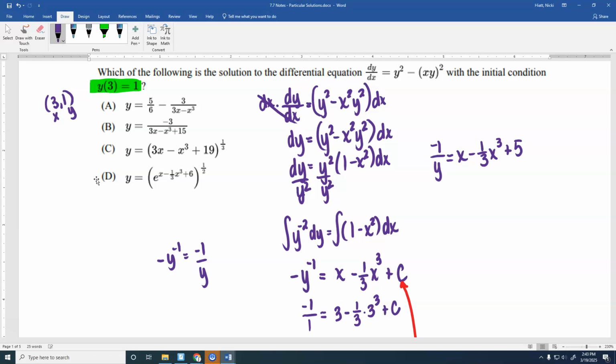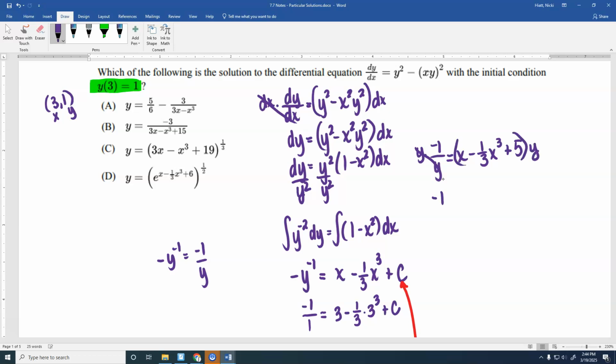Okay, does it look like any of our answers here? Still not an answer, right? Like we still have some work to do. So you're trying to solve this for the y. Are we going to be able to solve for y when y is in the bottom? Certainly not. So we are going to multiply by y on both sides.